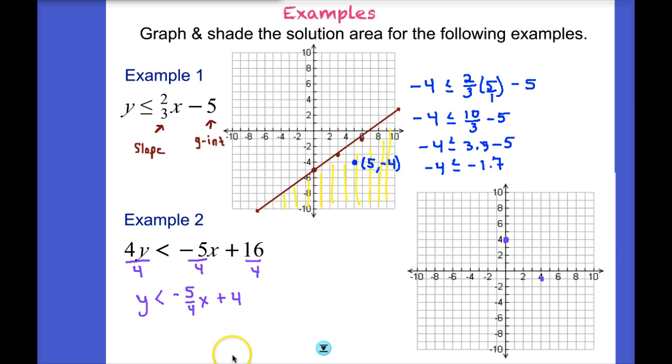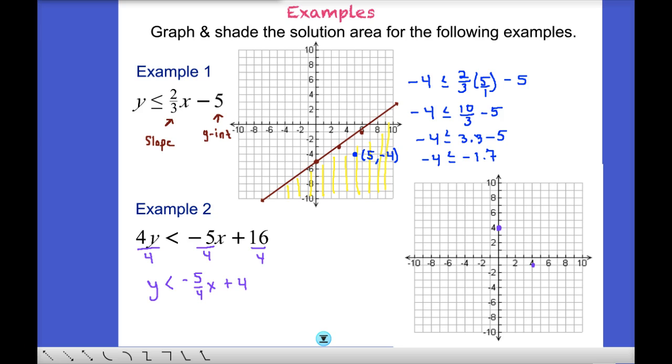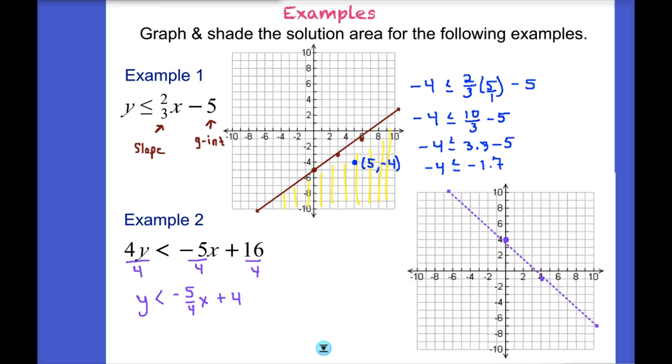That way, if I draw a line between these two dots, I will have a negative sloping line. Is that going to be a dashed line or a solid line? If I look at the inequality sign, it is just a less than. There is no equal sign, so my boundary line has to be dashed. Any points on this line are not solutions to my inequality. My final step is to shade.